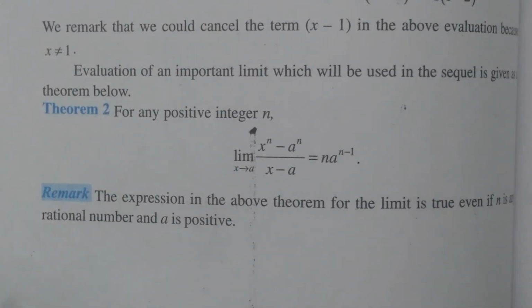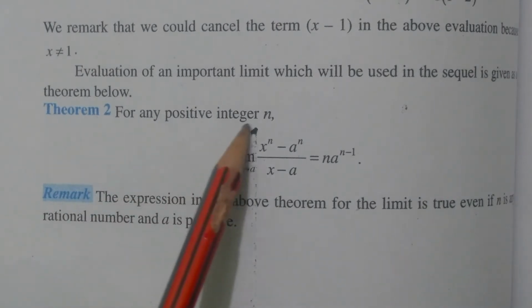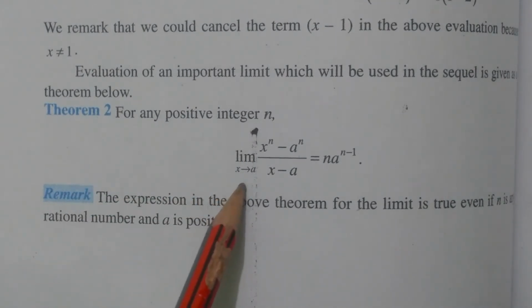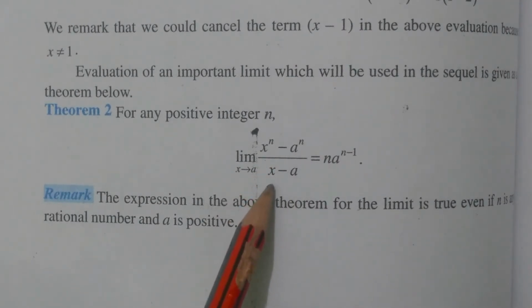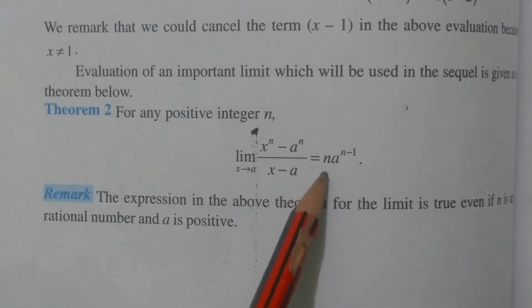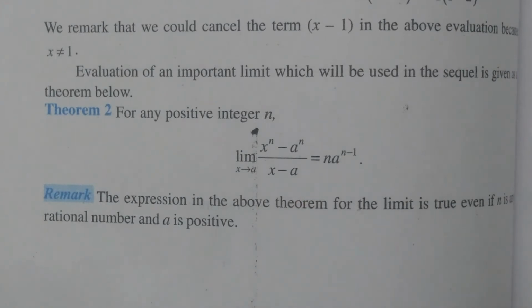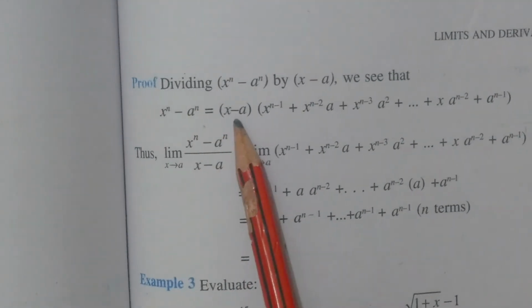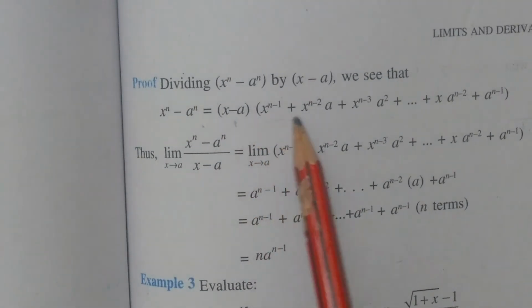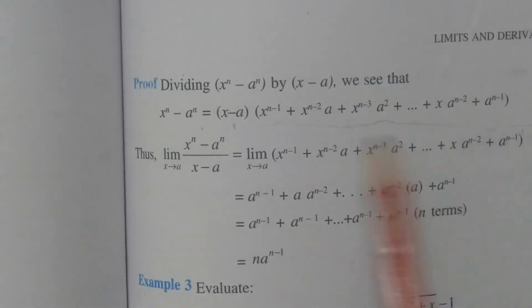Now we have the second theorem: for any positive integer n, limit x approaches to a of x raised to power n minus a raised to power n upon x minus a is equal to n into a raised to power n minus 1. Let us see first of all the expansion of x raised to power n minus a raised to power n. We can write this as x minus a into this bracket, right?